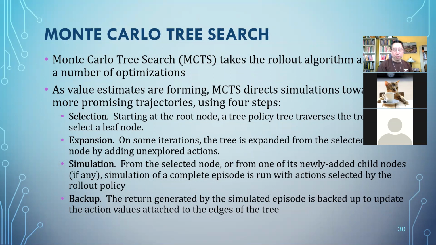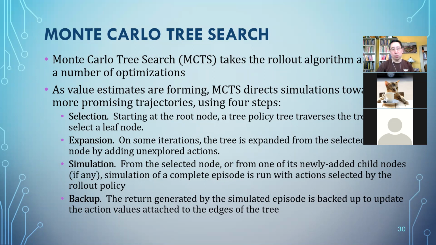So there's a number of improvements you can make to this rollout, and the one that is, I think, most famous right now has been dubbed Monte Carlo tree search. There's a number of optimizations that have been applied to this. But the general gist, and there are different variants of Monte Carlo tree search, is that as you do these simulations, you are starting to form estimates of the value of different actions that you can take, not just from your current position, but from the successor positions, the two-way, three-way, four-way.